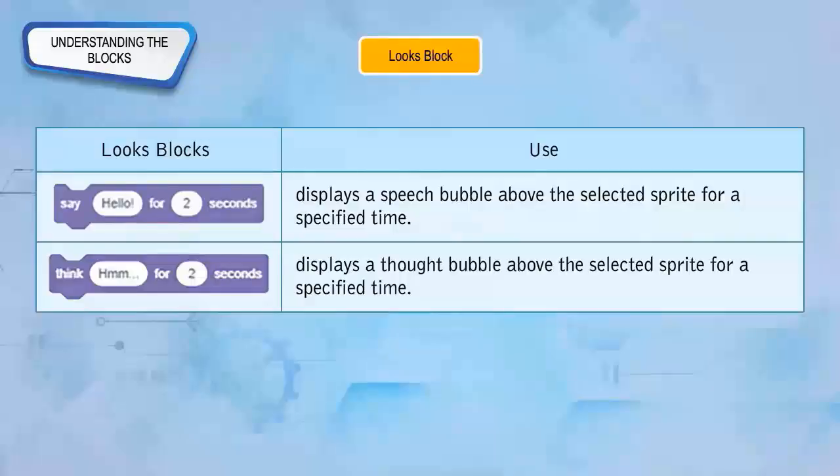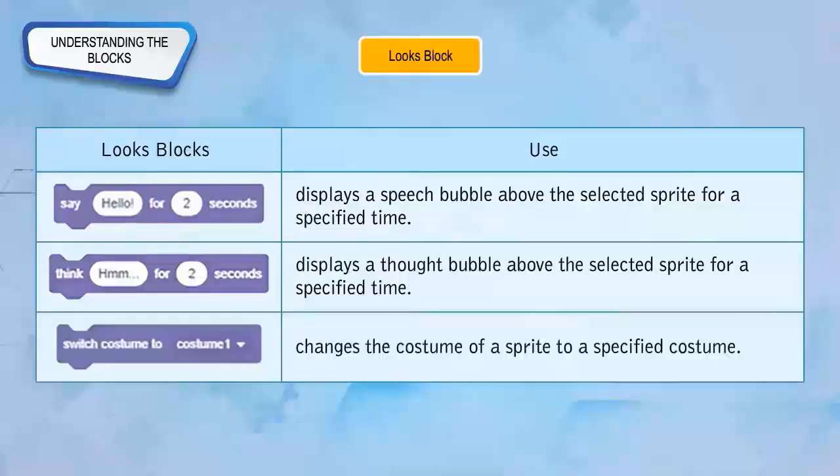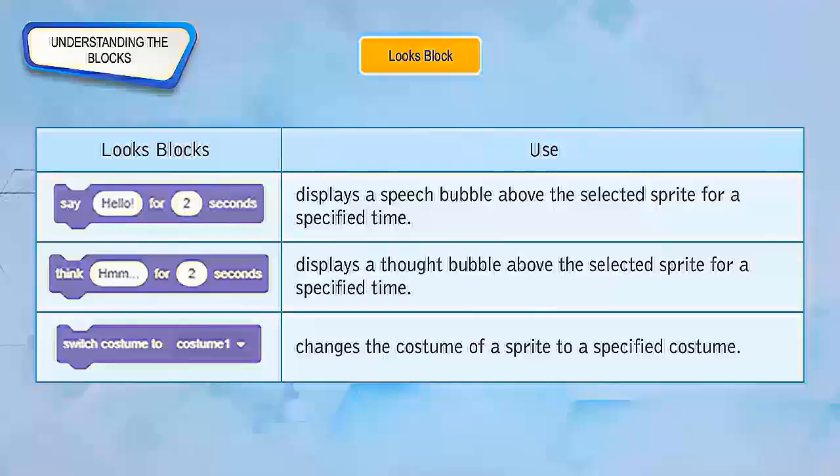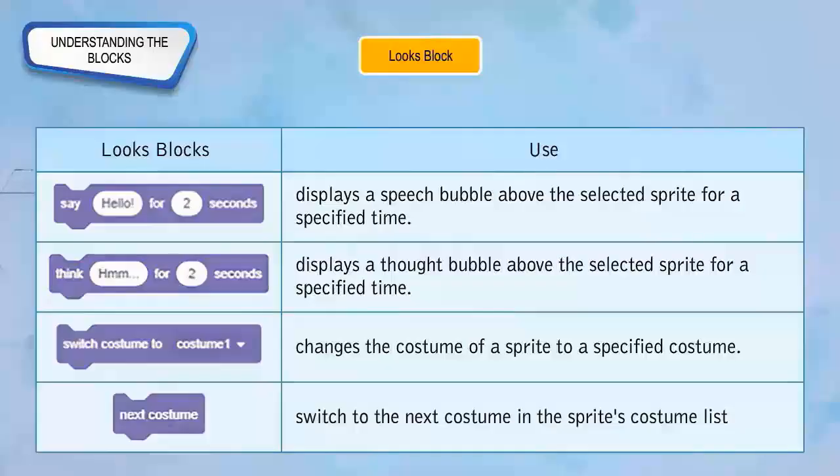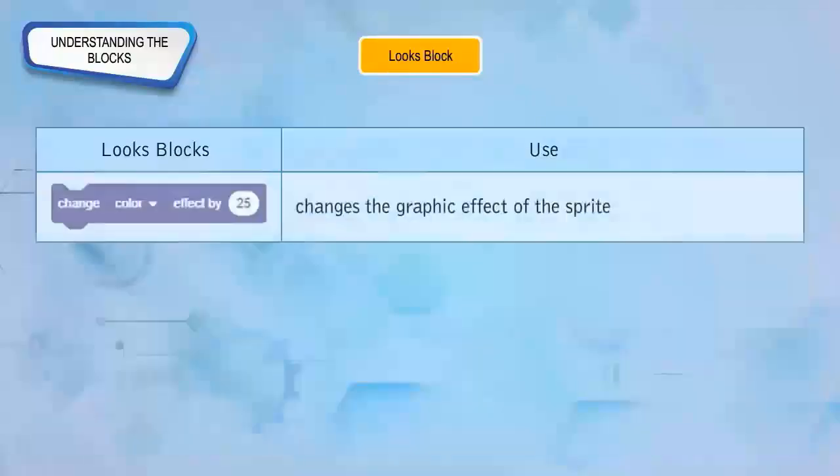Switch costume to Costume 1 changes the costume of a sprite to a specified costume. Next costume. Switches to the next costume in the sprite's costume list.